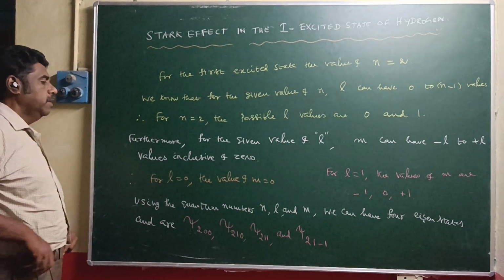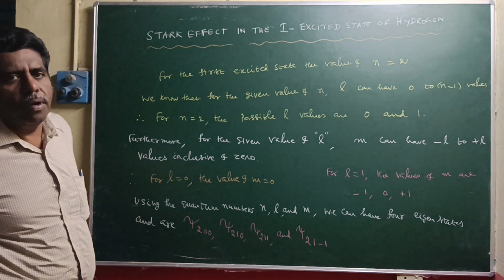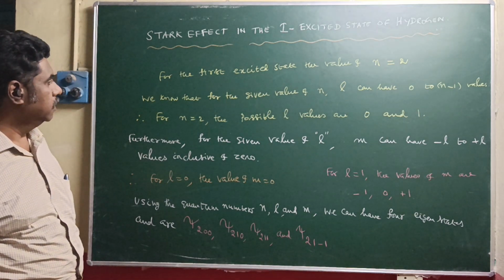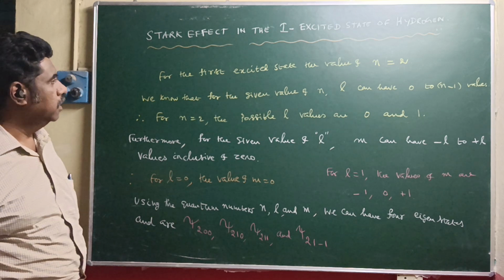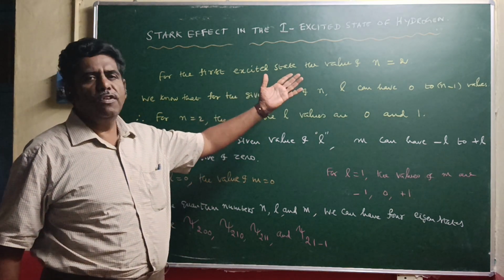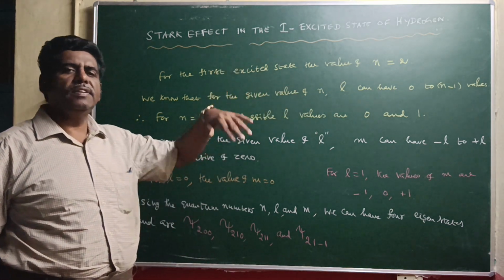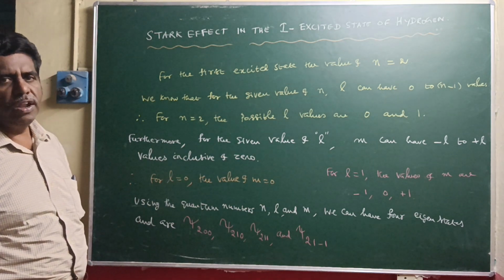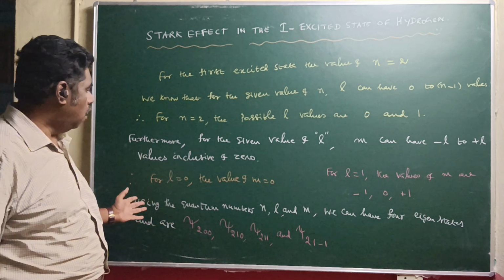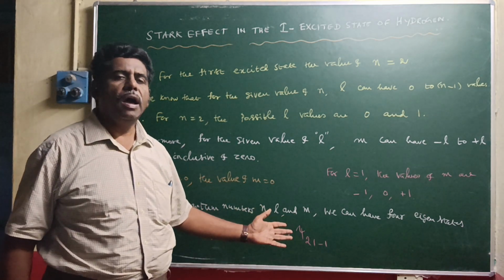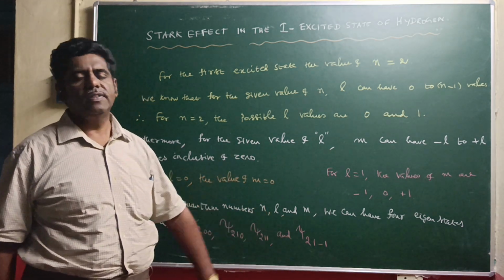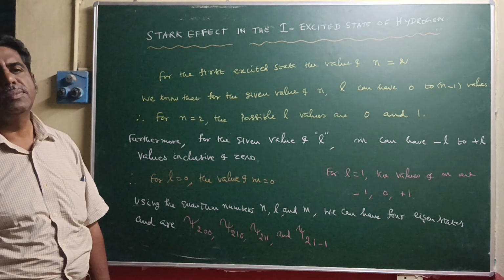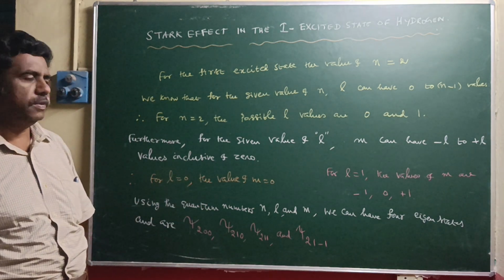In this way, we get 4 possible eigenstates. For the given value of n, the degeneracy is n square. If n is equal to 2, n square is 4. All the 4 eigenstates have the same energy level. Therefore, the system is said to be in a state of degeneracy.